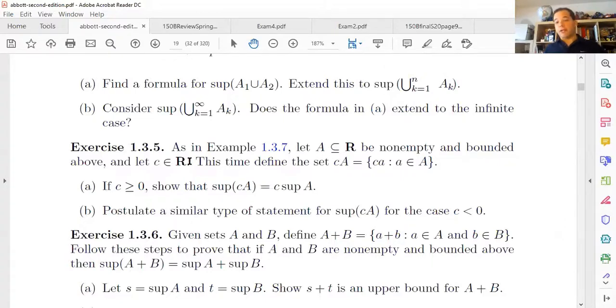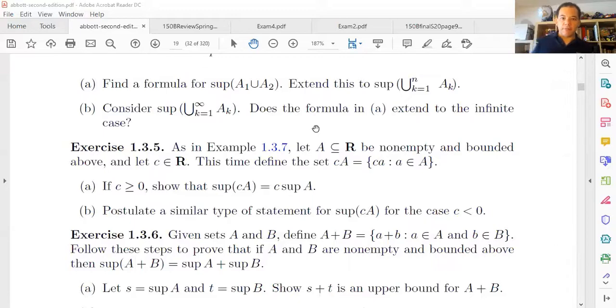This is the one that we had on our exam, where we did it with the constant 2. The supremum of 2 times A is 2 times the supremum of A, if the constant is positive. Now, it doesn't say anything about when the constant is negative, but I'm going to tell you what happens. When the constant is negative, the supremum of CA becomes C times the infimum of A. The inequality flips. That's what happens. All right, great. So let's remember those.